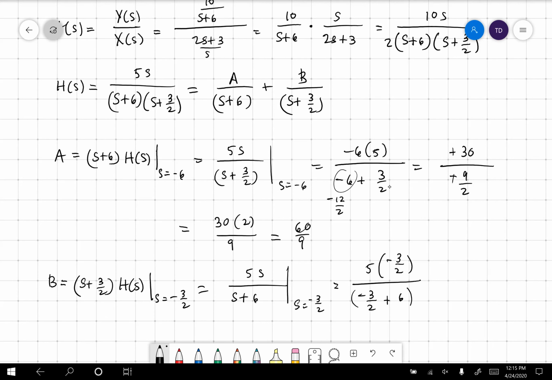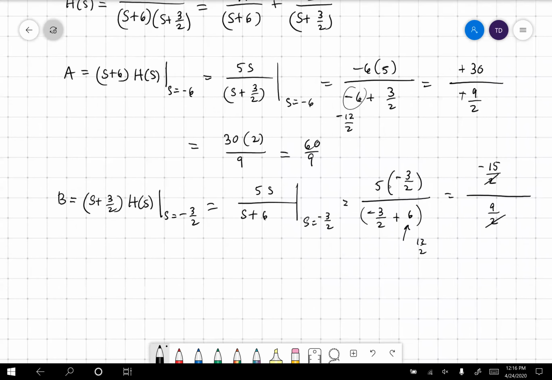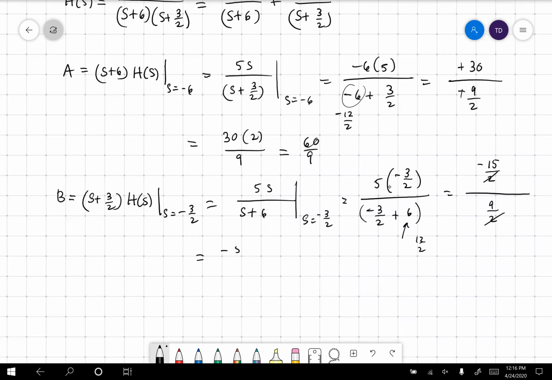Again, keeping in mind that 6 is 12 halves. So in the denominator, we have minus 3 halves plus 12 halves. This time it's a plus 9 halves. And in the numerator, we have minus 15 halves. The 2's cancel, I can pull a 3 out of the numerator, and that will give me negative 5. Pull a 3 out of the denominator, so that's equal to minus 5/3. Great.